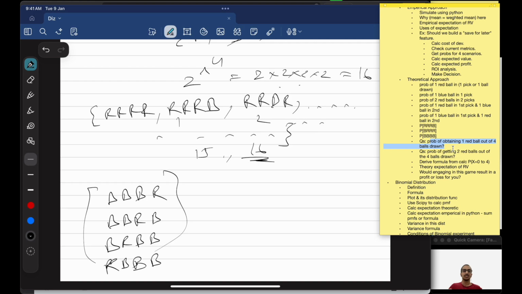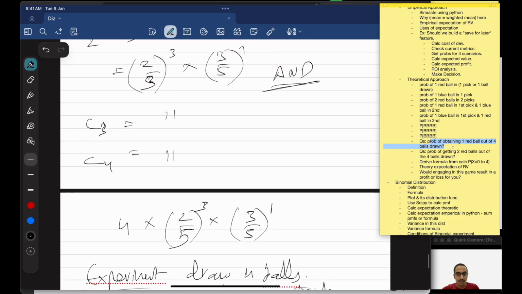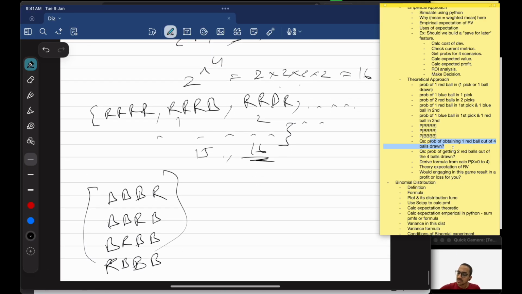These are the 4 outcomes where you will get 1 red, which is why you have to add all these, because if, when we perform the experiment, we get the first outcome, let's say I got this, automatically these cannot be considered, right?